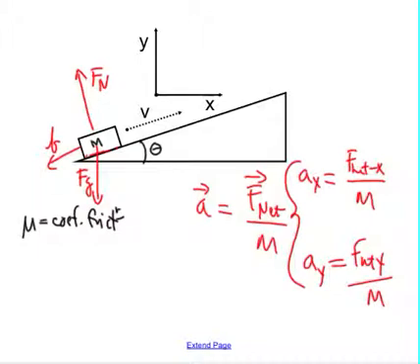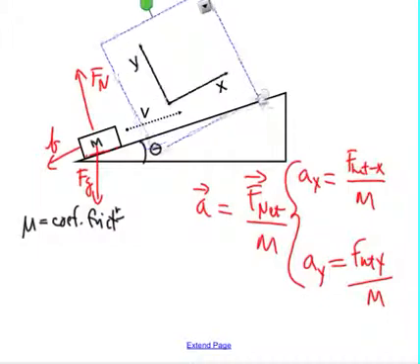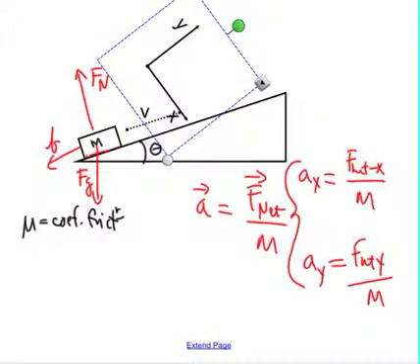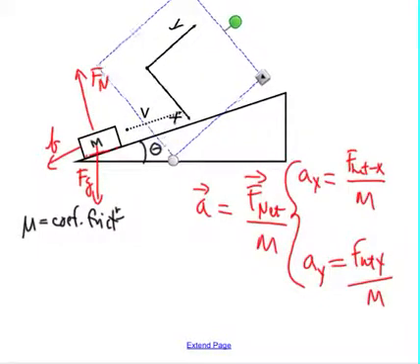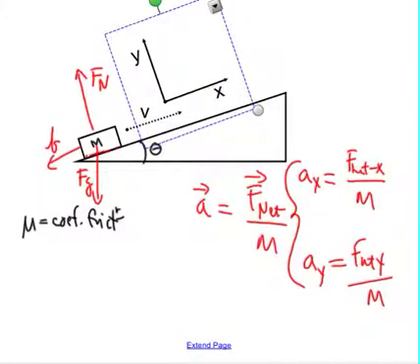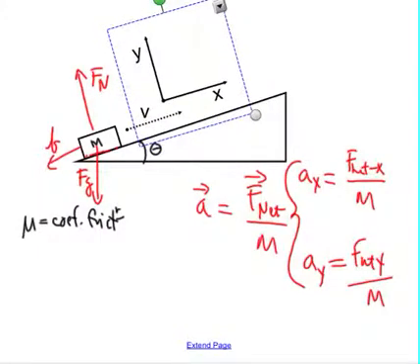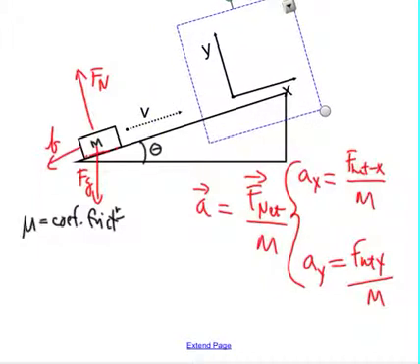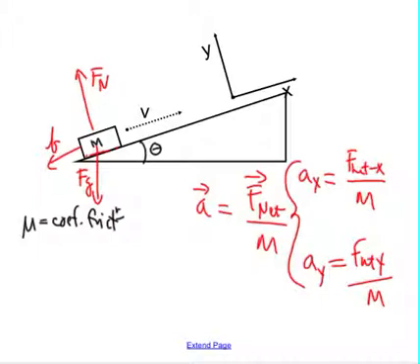I also can take it and I can turn it however I want, and I get to pick the direction I want to use. Well, for this purposes, I'm going to guess the best direction would be to take and angle it so that it is along the incline. So we're going to have the x-axis go up along the incline, and the y-axis will be perpendicular to it.